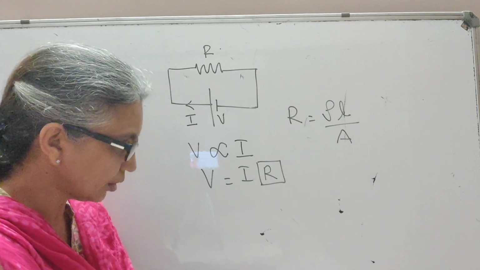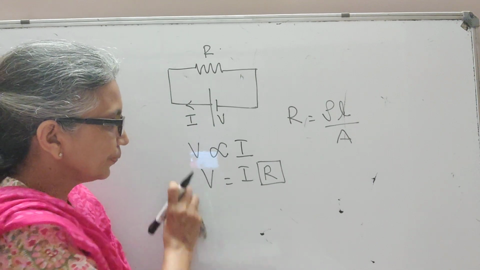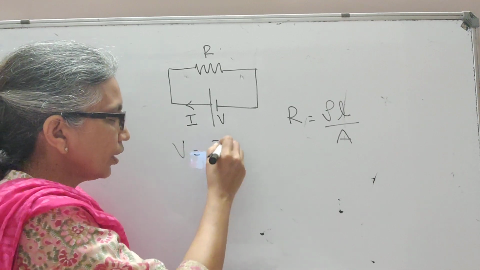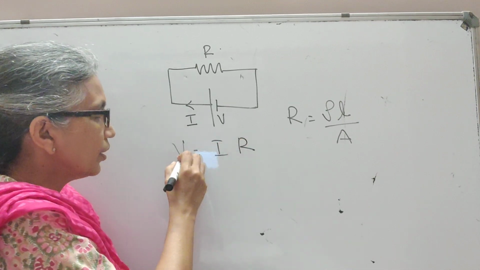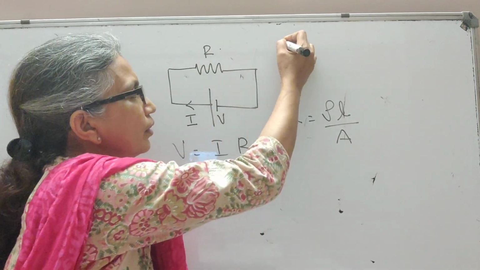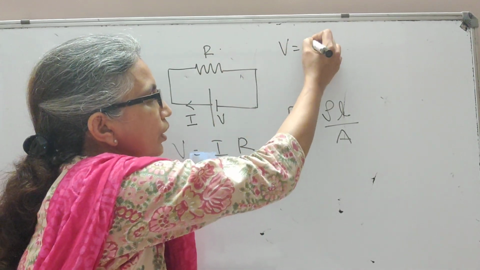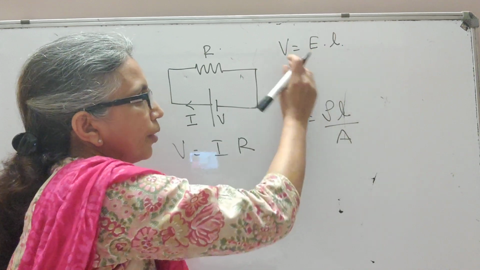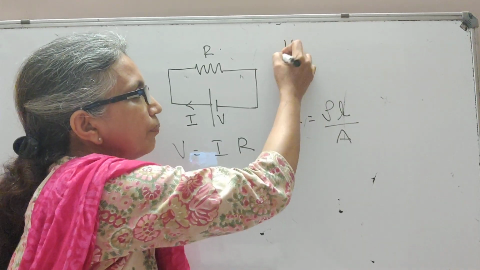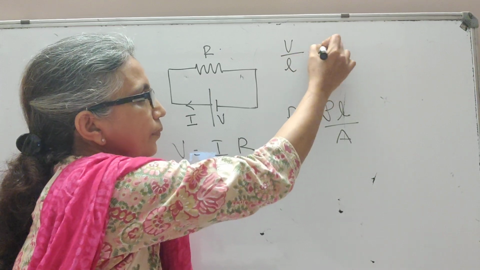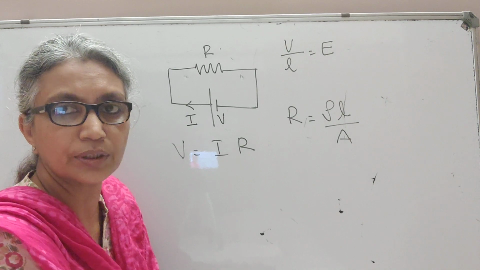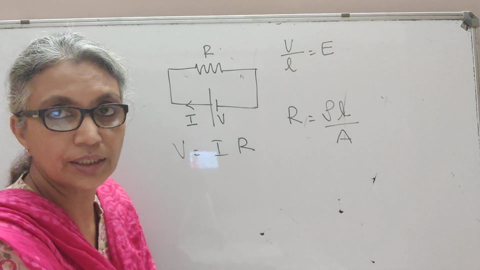Now from here we may write V equal to I into R. This V for any conductor or for this resistor, V equal to E into L, that is V by L is equal to E. I hope you remember, just now I told you E equal to dV by dx.